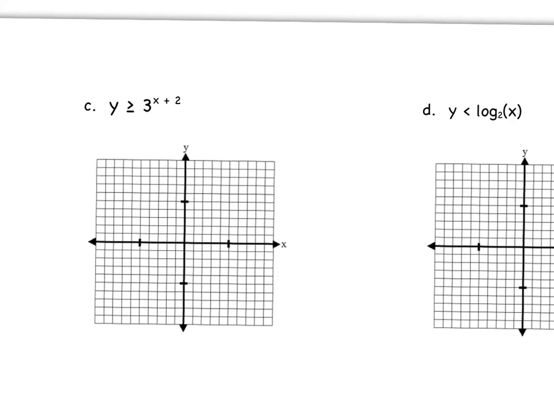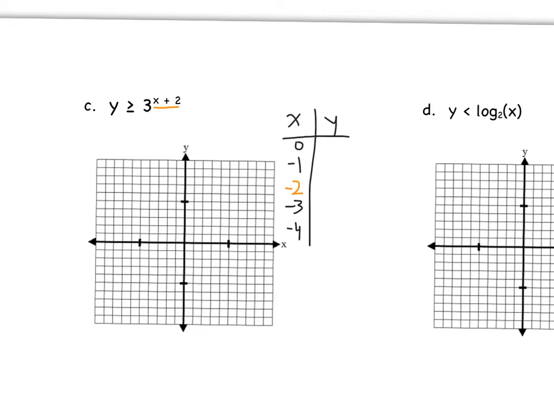Exponentials. Remember with exponentials, we create a table of values. So we've got x, we've got y. I choose the x value here that makes our power equal to 0. So I'll put negative 2 in for x, and then I choose values that surround it. So negative 1, 0, negative 3, negative 4, just to get a good look at my graph.